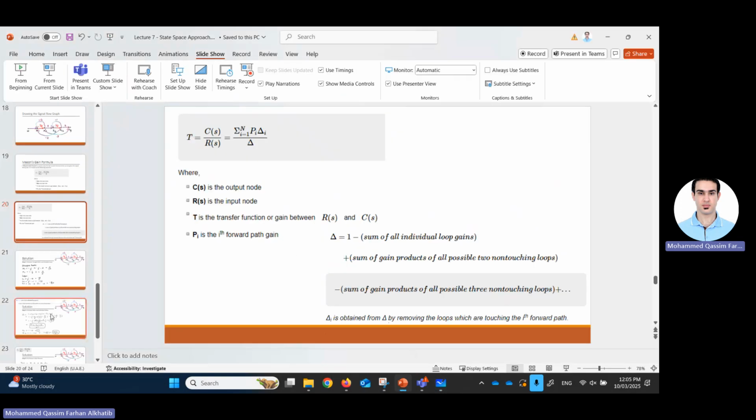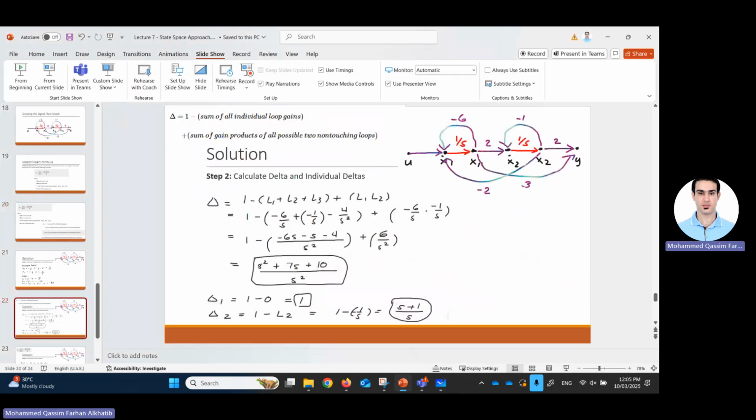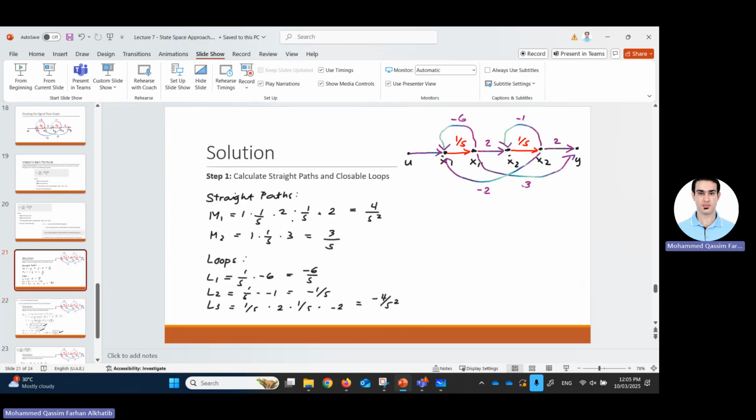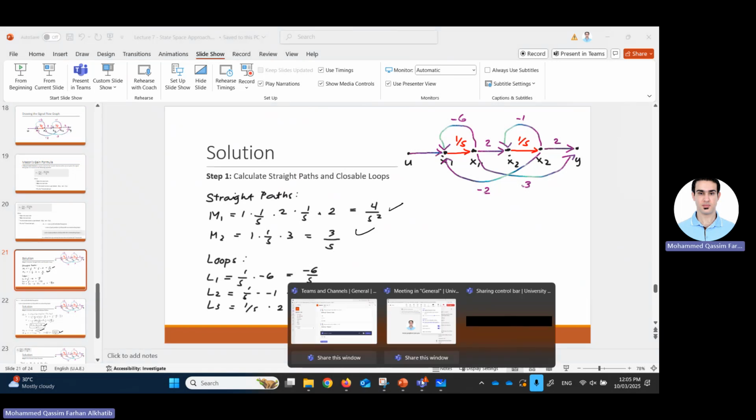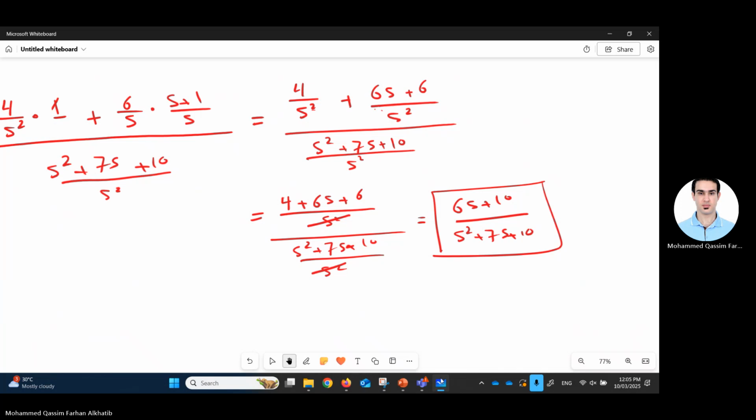So let's double check with the slides. Okay, so we got that right. Delta 1 is 1, delta 2 is s plus 1. And okay, so we calculated delta. The paths are fine. I have 3 over s. Did I put it right? 3 over s. 6 over s, I have it there.